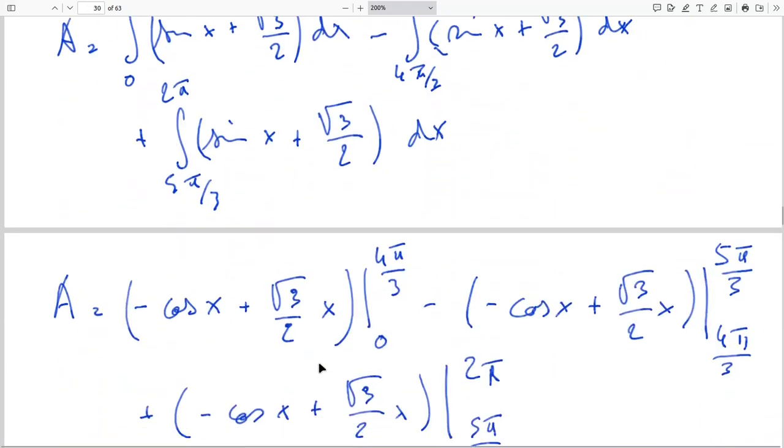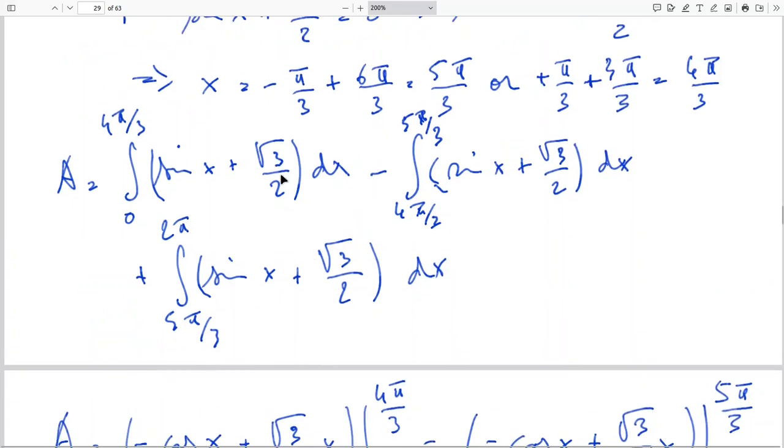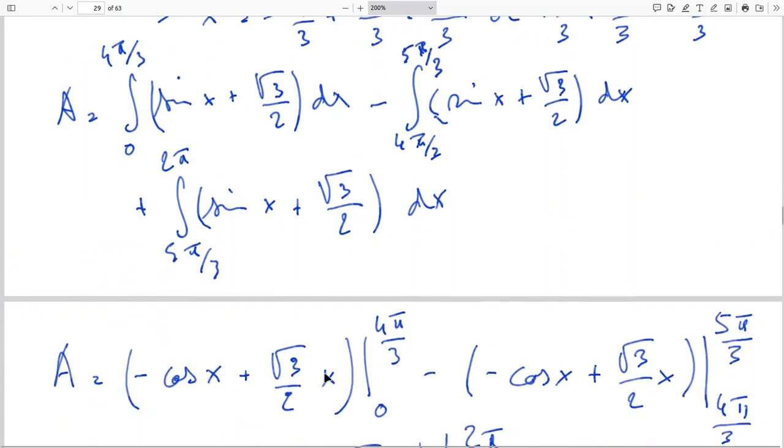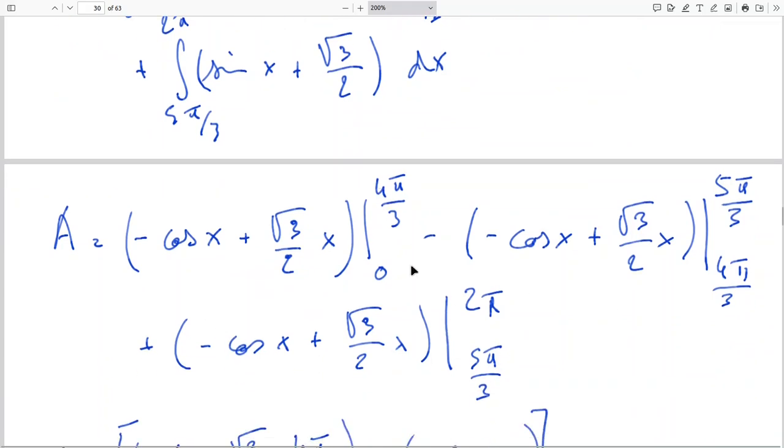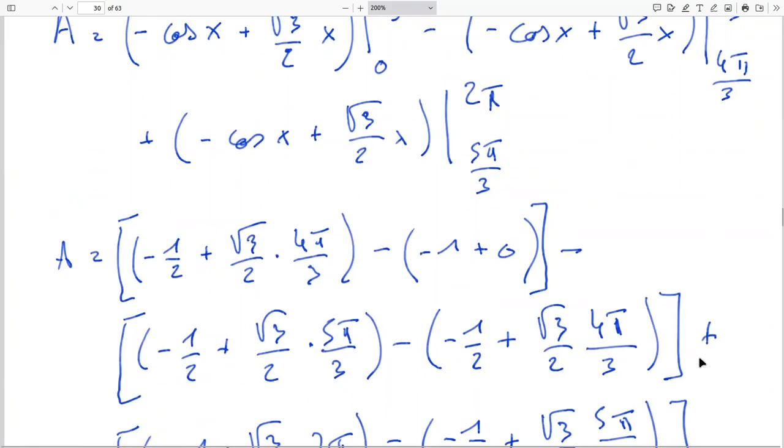So the integral of the sine gives you minus the cosine, and then you have, of course, square root of 3 over 2 times x, and that goes for everything. Only the borders here will be different. So it's a lot of calculations.